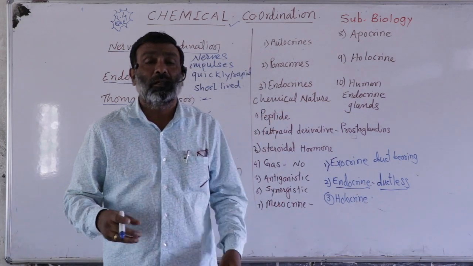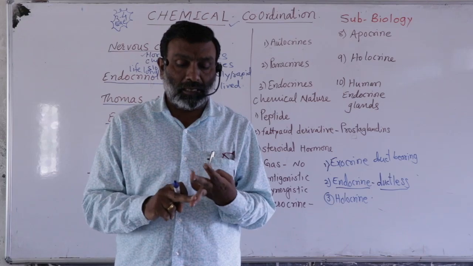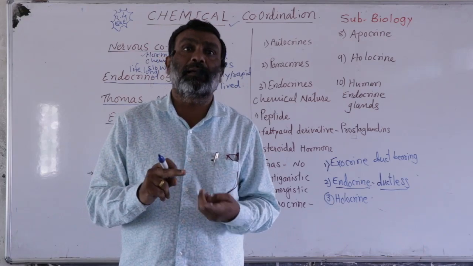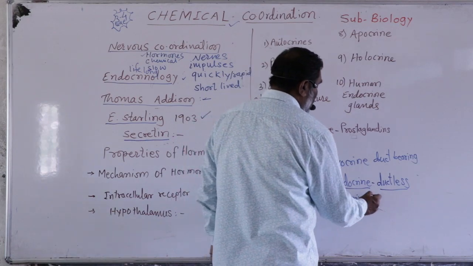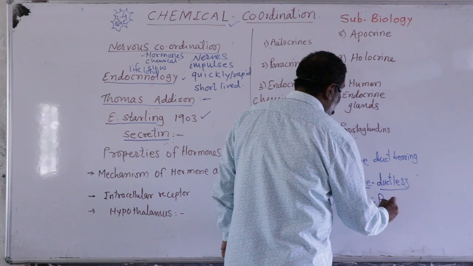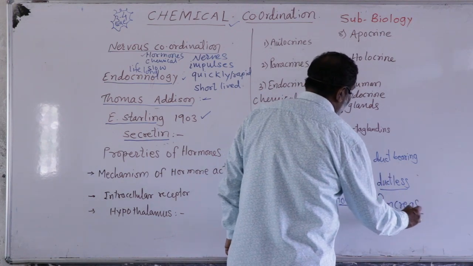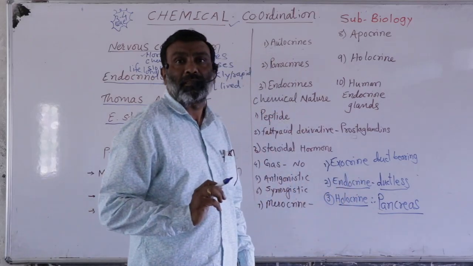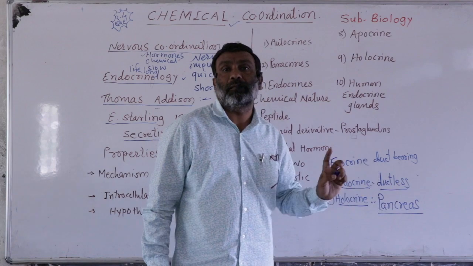We have studied examples such as the pituitary gland, the thyroid gland, the thymus gland, and many others. The holocrine is the third type of gland, where half of the gland is exocrine and half is endocrine. The example of a holocrine gland is the pancreas.